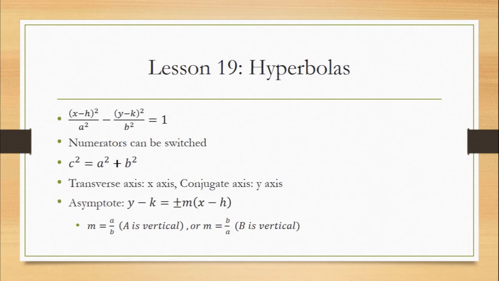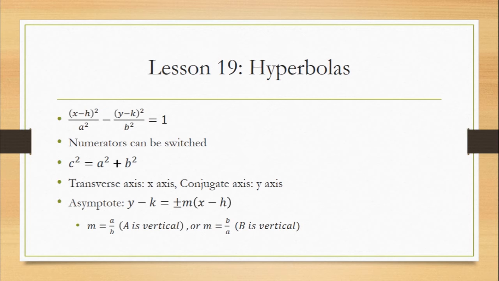And transverse axis is the x-axis, so not so much as the major or minor axis, but we call it transverse axis. And you have a conjugate axis, which is always the y-axis. And then you have an asymptote equation. In order to find the asymptote, it's y minus k is equal to plus or minus m, the slope, times (x minus h).